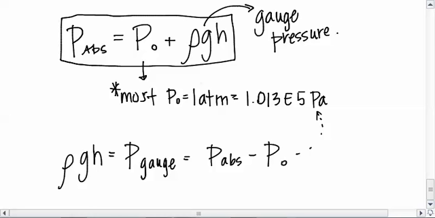It's just easier to say 1 atmosphere than it is to say 1.013 times 10 to the 5 Pascal when you're referring to how you are feeling at one point, or the pressure at sea level. So just another way to look at the same thing.